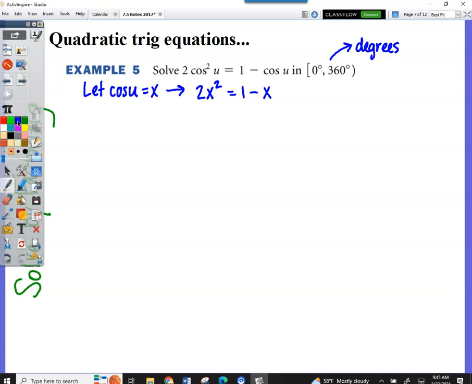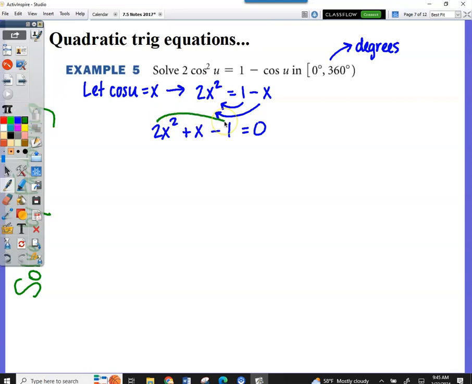I want my leading coefficient to be positive. So instead of moving 2x squared to the right, I'm going to move 1 and negative x to the left. So this is going to come over here, and this is going to come over here. So I'd have 2x squared plus x minus 1. Right? There you go. Now we're going to factor.